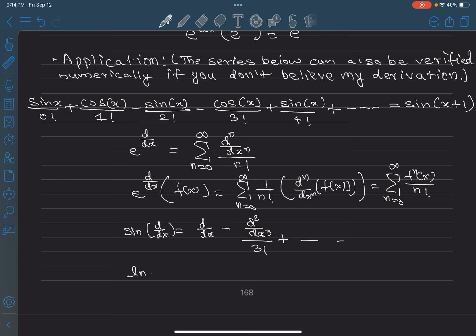It's the same for log as well. Just use the infinite series: first x, and then minus x squared by 2, plus x cubed by 3, and it goes on. You know the pattern, you know the sequence.